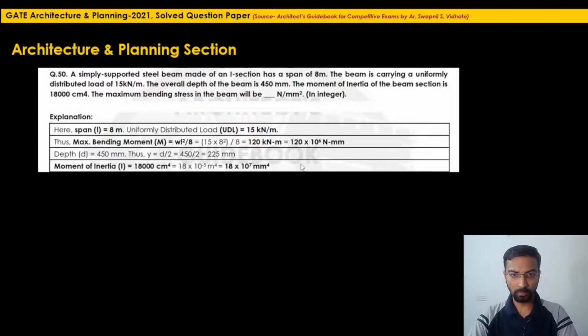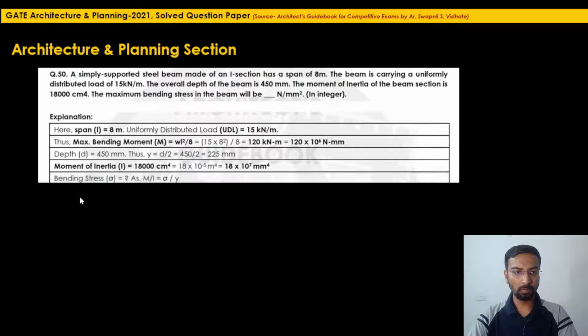So here we have found out all the values in either Newton mm or mm. So right now we are having all the values in one single unit. So what is the formula for bending stress? We have to identify the bending stress, that means sigma equal to question mark. We know the formula M upon I equal to sigma upon y.